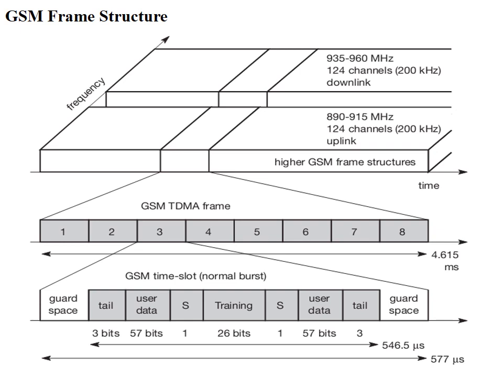Next, a flag indicates whether the data field contains user data or network control data. So this is the content included in one time slot of GSM, and the remaining part is the user data. This user data consists of two blocks of 57 bits which contain the actual user data.